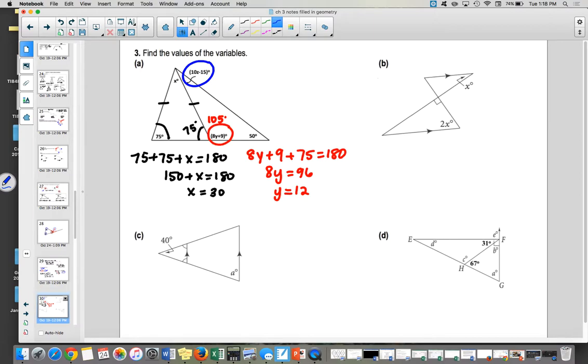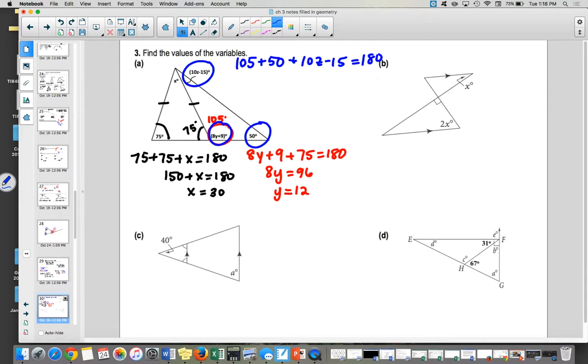And so that gives you the 105 degrees. So we would have 105 degrees plus the 50 degrees plus the 10z minus 15. That's all equal to the 180. Do you see it? It's the 3 angles in this triangle. So you're going to add them together. We already knew that that one was 105. So what he's saying is you can plug the 12 back in, and you can say 8 times 12 plus 9. That gives you the 105.